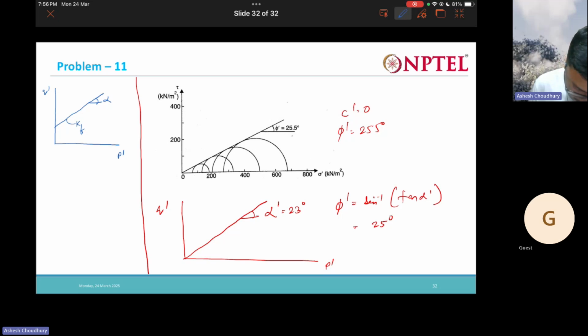Get alpha, and you get this intercept as A. Then my C is A by cos phi, and my phi is sine inverse of tan alpha. This way you can get C and phi from the modified failure envelope.